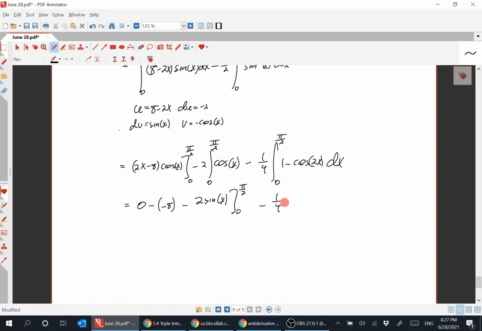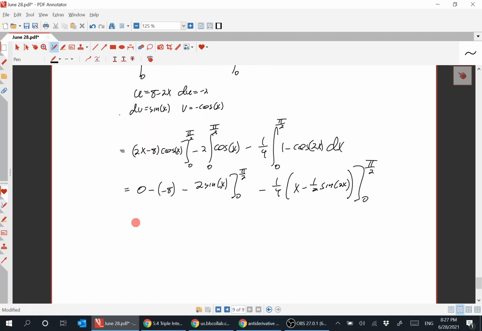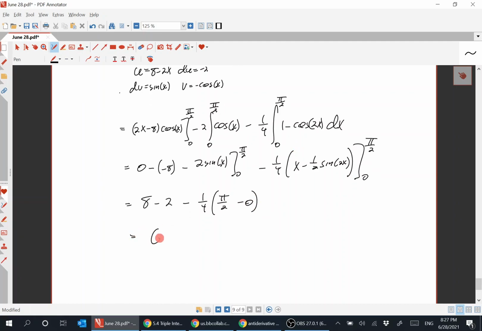Minus 1/4 x minus 1/2 sine 2x from 0 to pi over 2. So this is 8. And at pi over 2, sine is 1, so minus 2, and at 0, it's 0. Minus 1/4, so this one becomes just pi over 2. And this one is 0 in both spots. So we have 6 minus pi over 8.